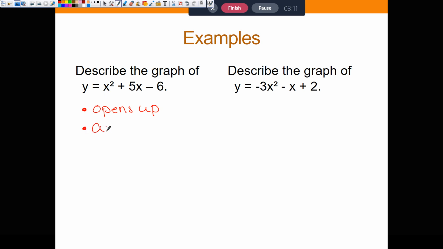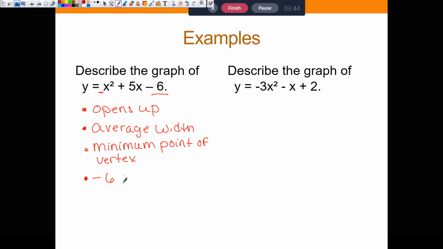It is average width because a is equal to 1. It has a minimum point at the vertex, and its y-intercept is negative 6.